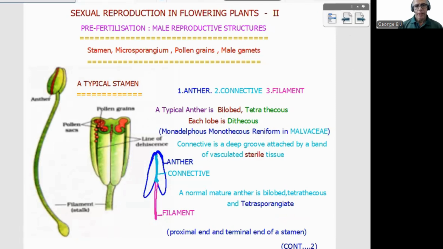You can find the different parts: stamen, proximal end, terminal end, then what is the connective, all this. Then the nature of the anther, wall layers, lobing, theca. Then microspore mother cells undergo meiosis, forming microspores, arrangement of microspores, etc. After that, we discussed microsporogenesis: a mass of diploid cells, rectangular shape, archesporial cell, transverse division, wall layers, and microspore mother cells.